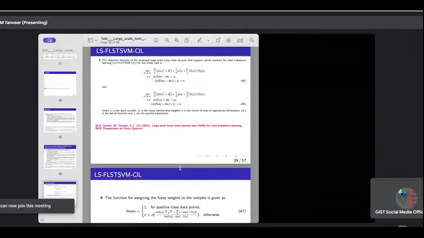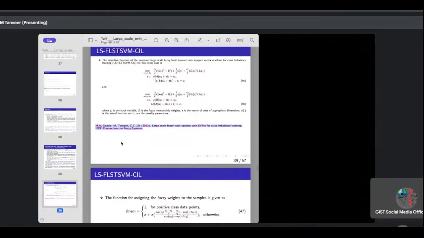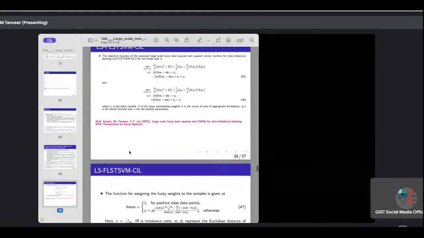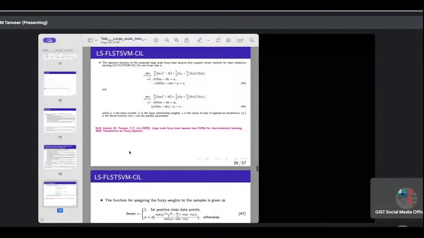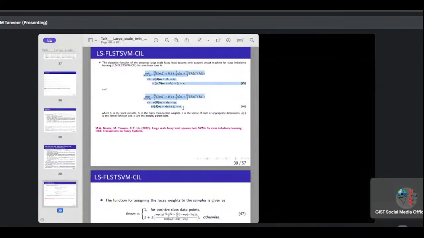So this work appeared recently in IEEE Transactions on Fuzzy Systems. If you're interested, please go through this one. And this is the original formulation of this paper, large scale fuzzy least square twin SVM.